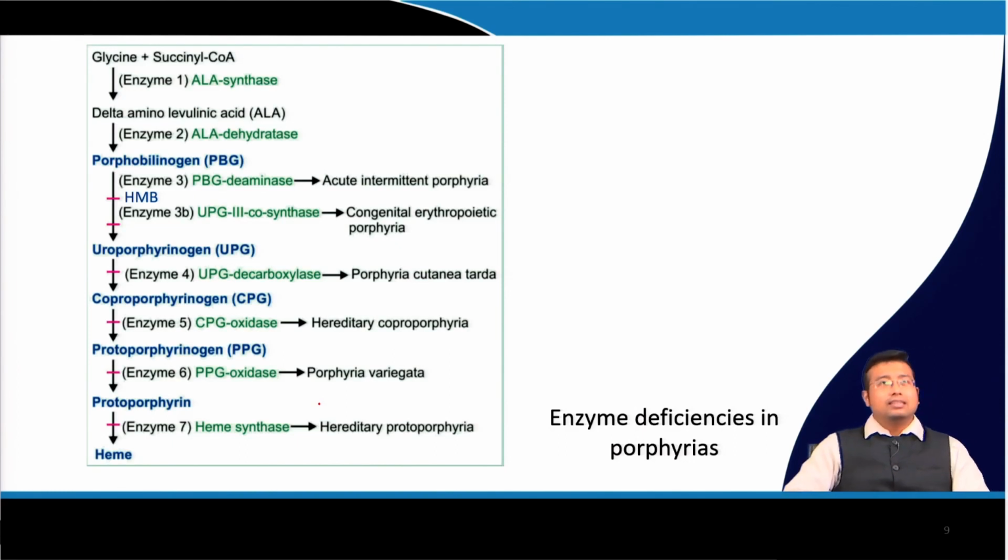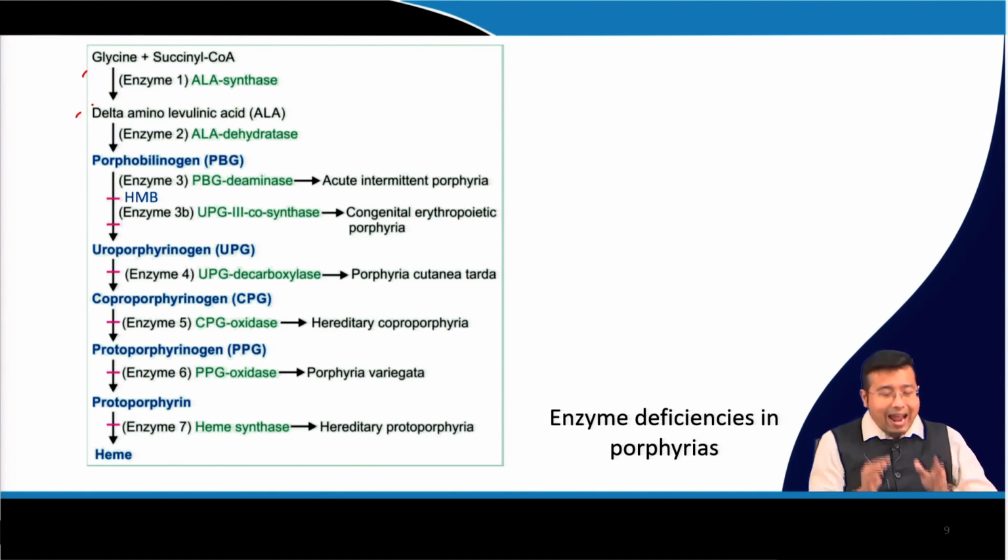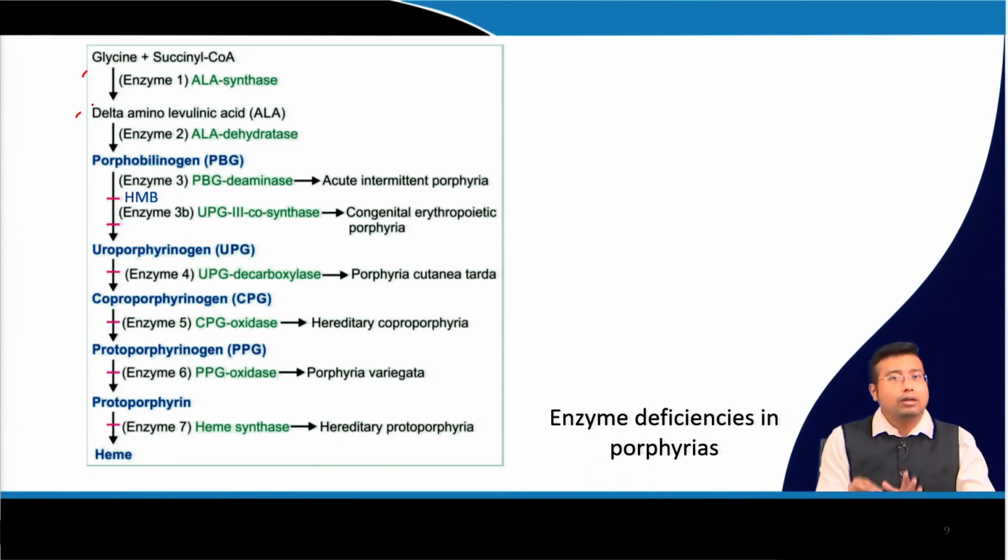So this is the pathway, but now you already know the compounds that are appearing sequentially, and you already know the names of the enzymes with the help of two beautiful mnemonics, right. But then again you need to remember the diseases that are caused by deficiency of these enzymes, okay. So the first important name that we need to remember is acute intermittent porphyria.